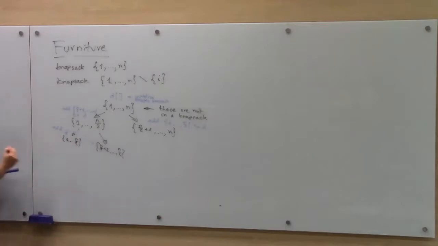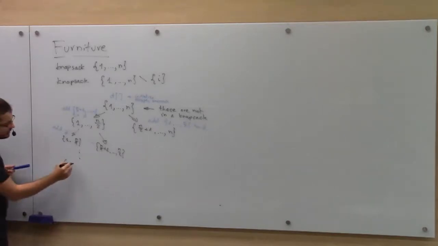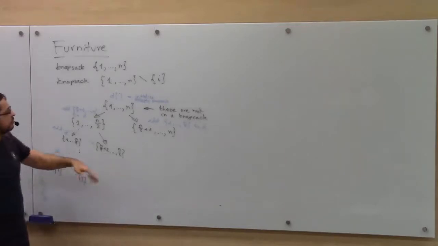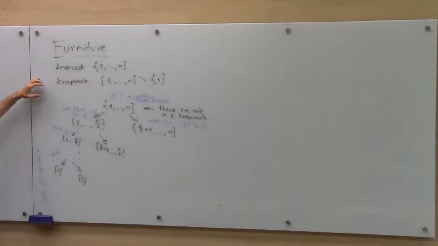So at the end, we will end up with a knapsack with only one element left out. Here we will end up with D, and D has all elements 1 to n besides 1. So in the leaves of this tree, we will get all the structures we are interested in. So we will get all the knapsacks without one element.